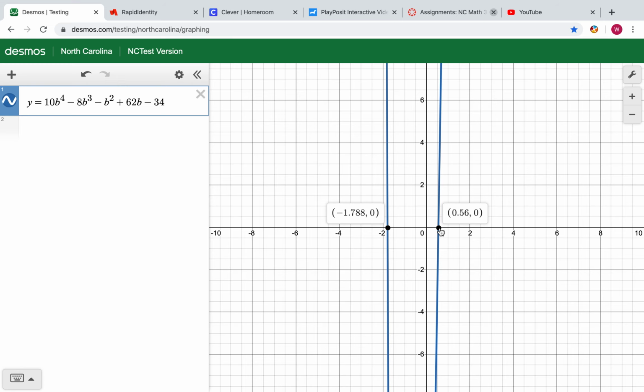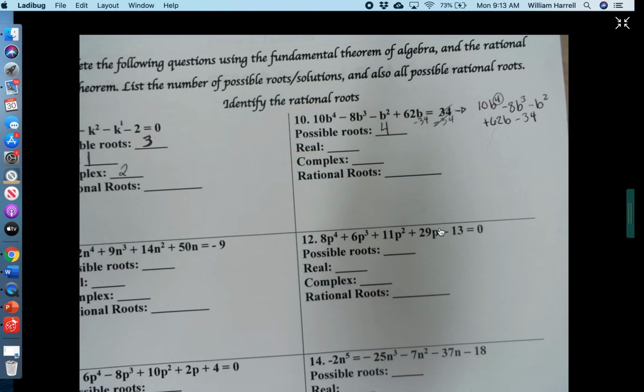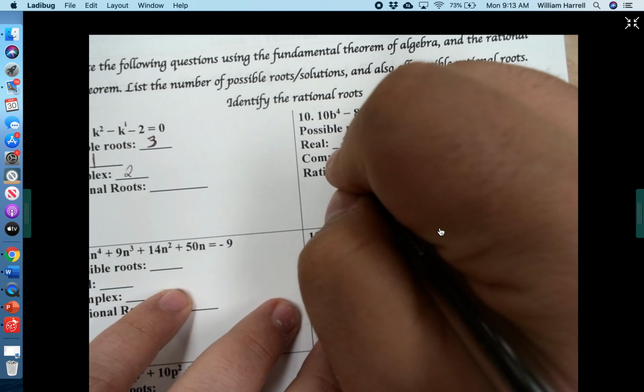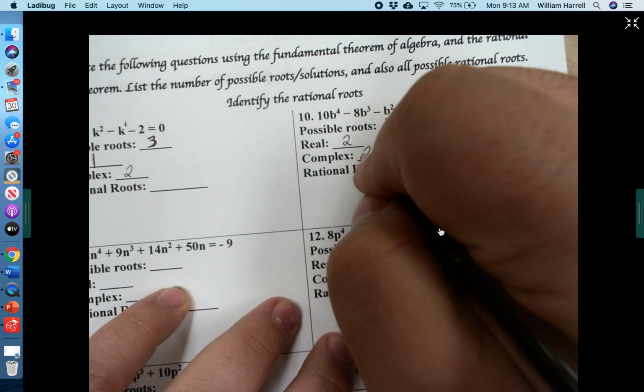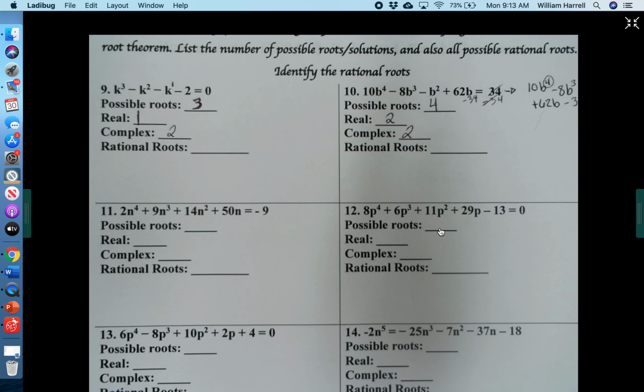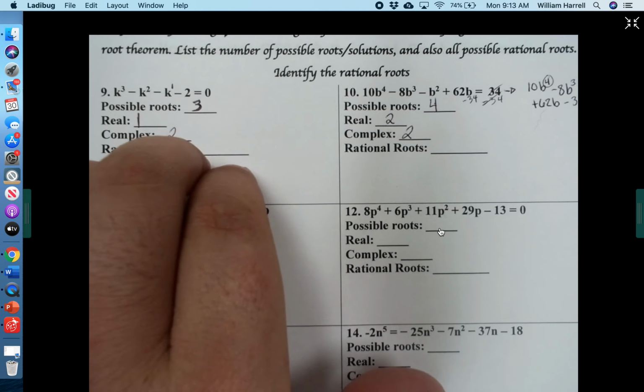It crosses the graph twice. Therefore, we have 2 real. And then 4 minus 2, or 2 plus what is 4? 2. All right, 11, 12, 13, 14, 15, 16 can be extra practice if need be. Again, key takeaway: what was the difference between 9 and 10?